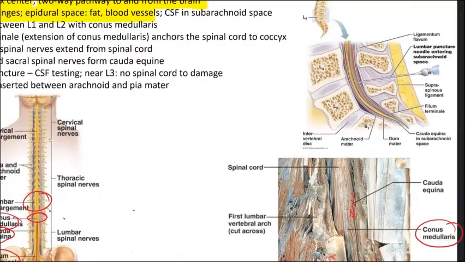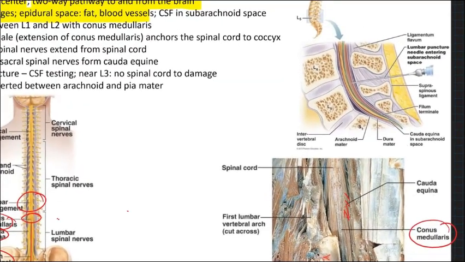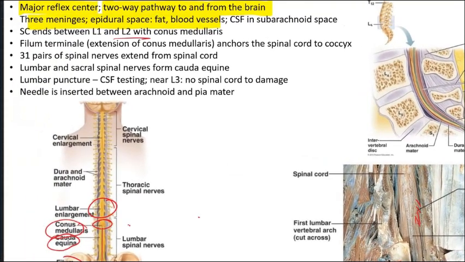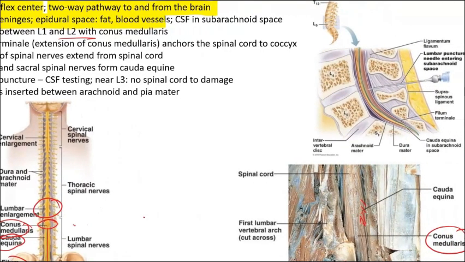Now, why am I paying so much attention to the fact that your spinal cord ends at around second lumbar vertebrae? Because taking a sample of cerebrospinal fluid is useful if somebody has some kind of neurological problem. Picking up cerebrospinal fluid from the subarachnoid space around the brain is very risky.